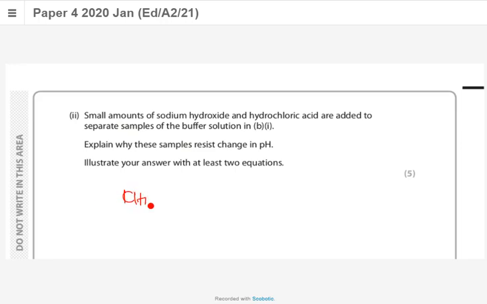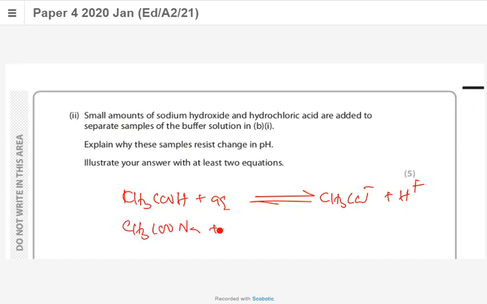I think I had given these types of questions; we had done them. The acid partially ionizes to give ethanoate ions and H+. First we write the equations, and then sodium ethanoate completely ionizes. Write the two equations first. Then you have to explain what happens when you add H+.